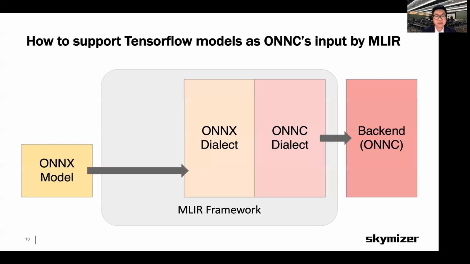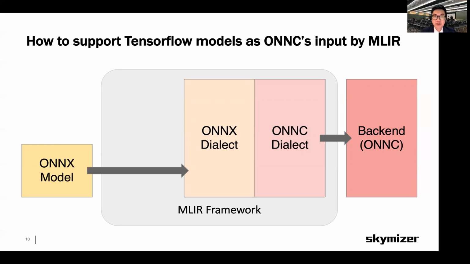Let's take a look. In the very first version of ONC, we implemented the backend of ONC to generate code, and we implemented the ONC dialect. Also, we implemented the ONNX dialect as our front end. By doing so, we could support ONNX models as our input in the very first version.